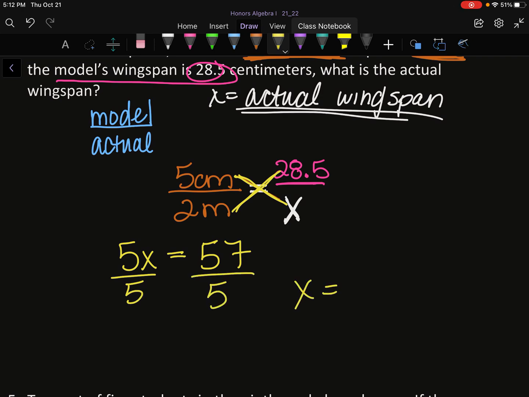And it's going to be 11.2, 11.4. Yeah, 11.4. And that would be meters, right? Because we're talking about the actual plane. All right.